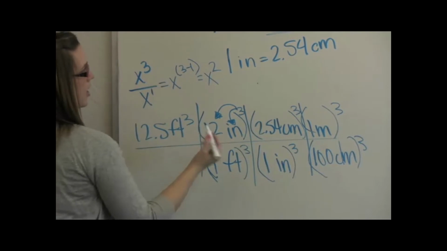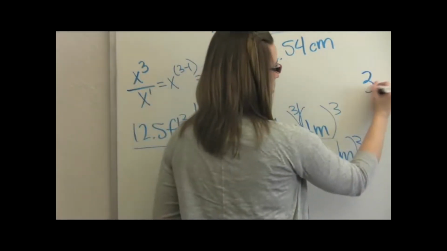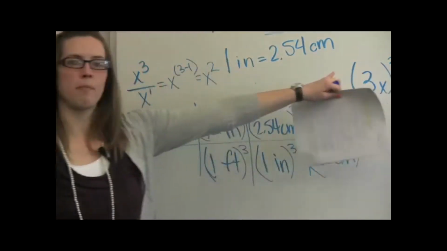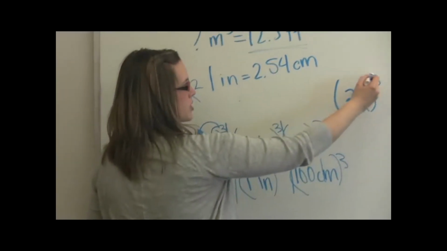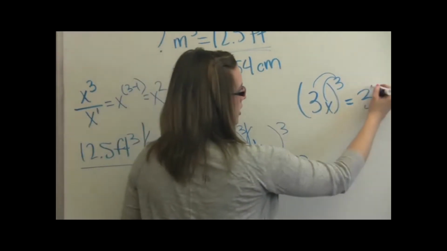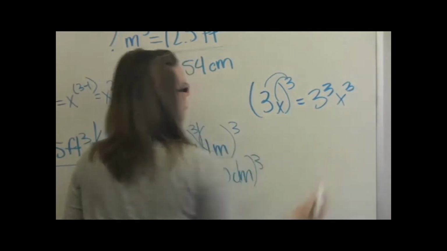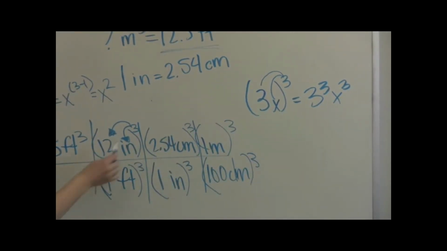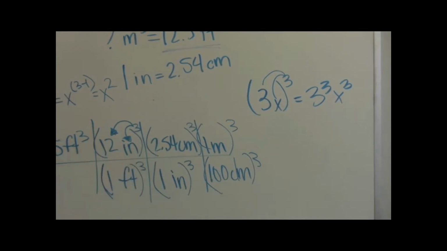When we have this cube, this 3 gets distributed to each thing. Like if we had an example of 3x, so we had this quantity cubed, we know from math that the 3 has to be distributed into both of those. That is the same thing as 3 cubed times x cubed. For that same reason, x being our inches here, the 3 has to distribute into both.